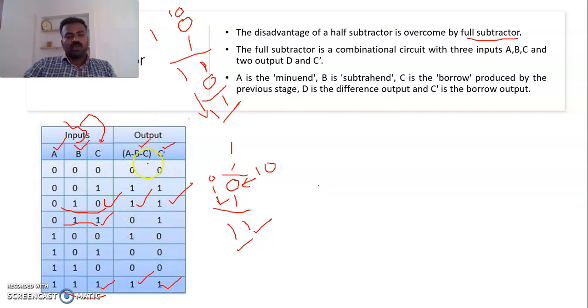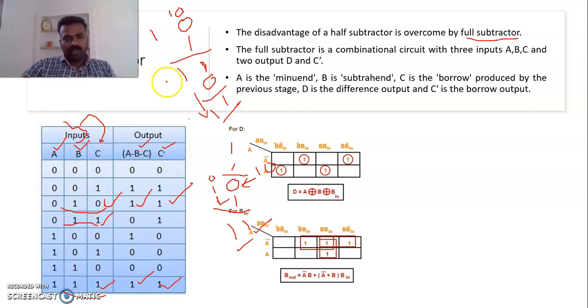Okay, once the truth table is clearly drawn, then the rest of the portions, K-map as well as the logical diagram, both are the easiest ones. So have a look at this K-map simplification.